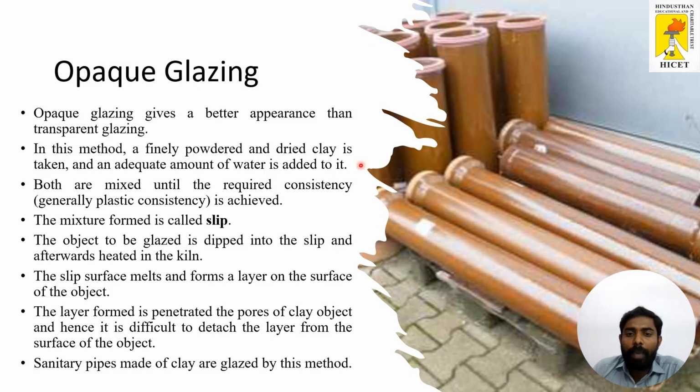Next one is opaque glazing. The opaque glazed products are shown here, and opaque glazing gives a better appearance than transparent glazing. In this method, finely powdered dry clay is taken, and an adequate amount of water is added to it. Both are mixed until the required consistency, generally plastic consistency, is achieved.